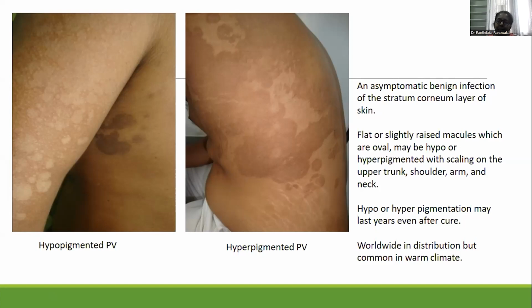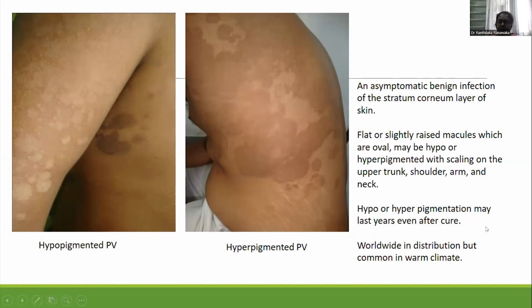You can see the fungal hyphae coming over the epidermis, stratum corneum, and so you might see slightly raised macules. They are oval, hypo or hyperpigmented, and you can see mild scaliness. It occurs mostly on the chest, anterior and back, but it can go down to the lower limbs.